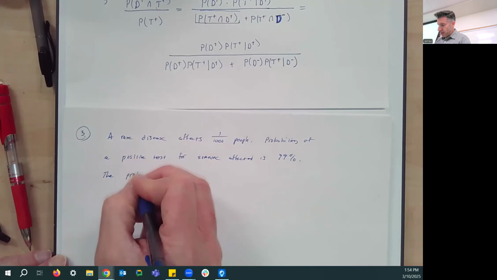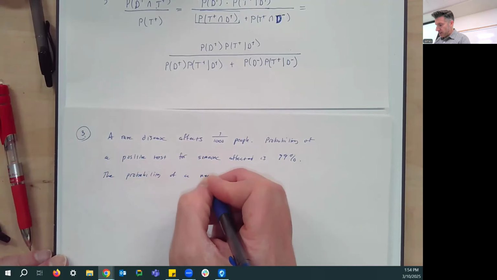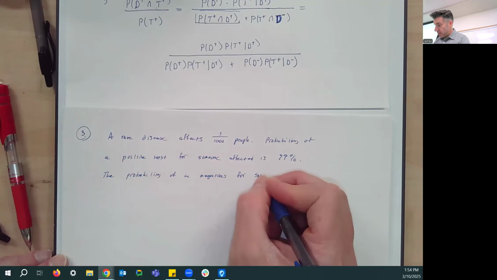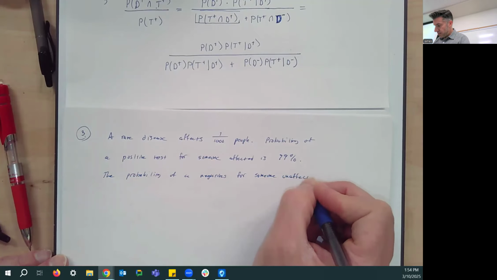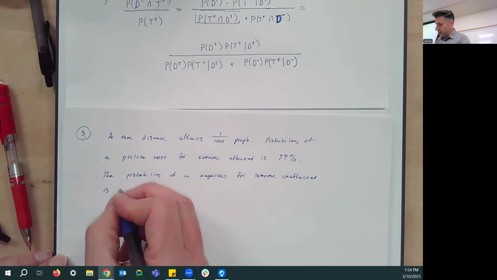The probability of a negative test for someone unaffected is 2%. Sorry, 98%. Sorry about that.